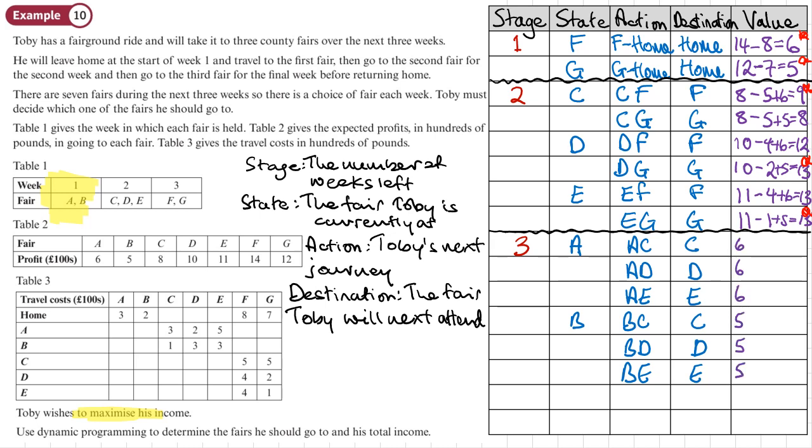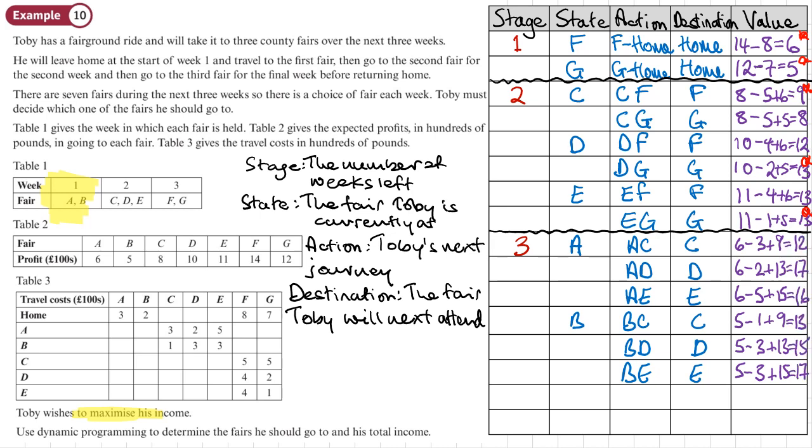I've put in the profits for fares A and B. I've now put on or taken off the travel costs, 325, 133, 325, 133, and I've added on the maximum costs from the previous stage.